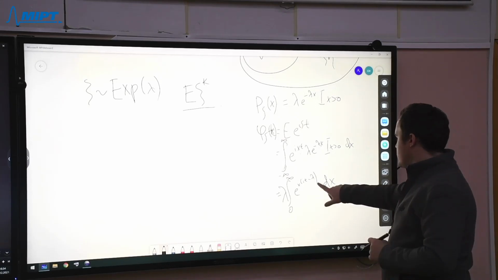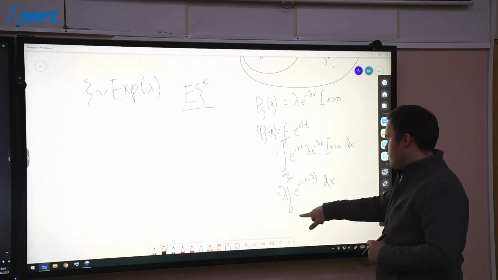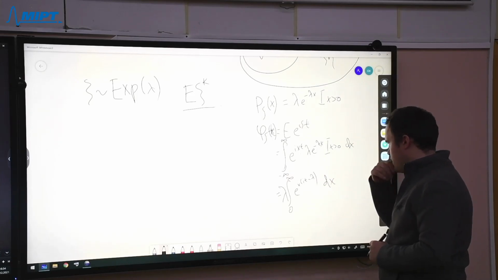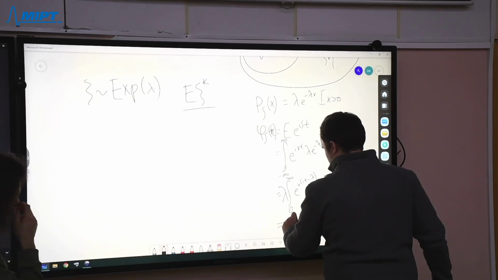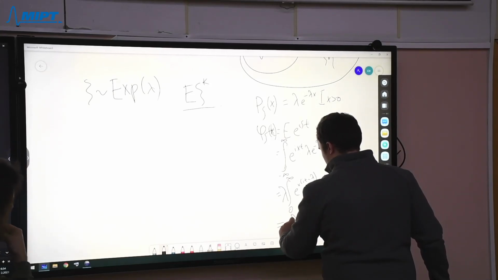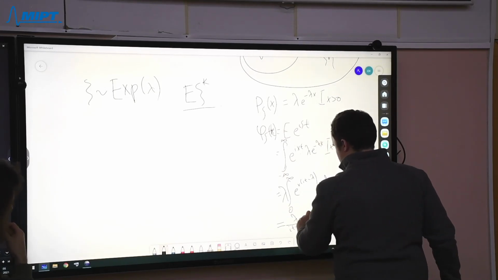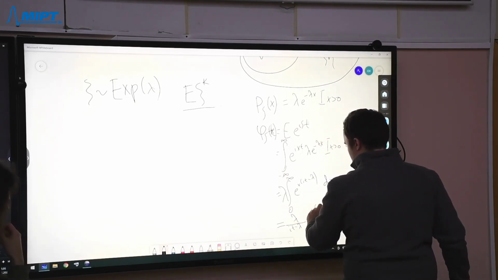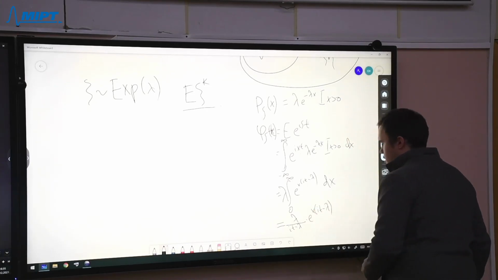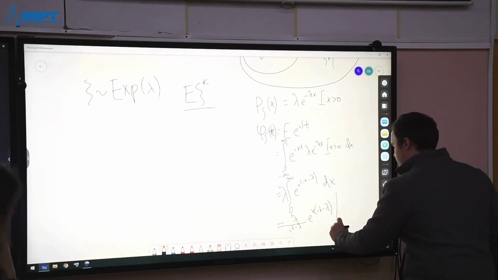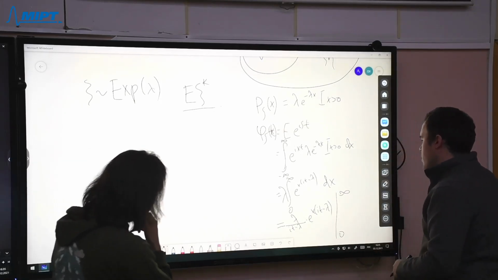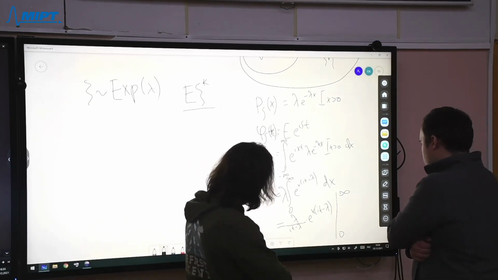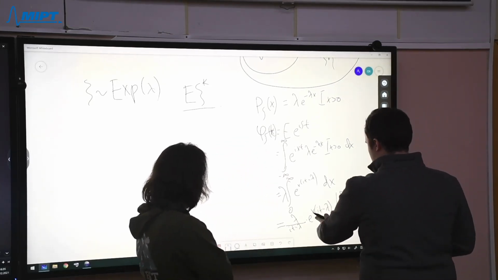Well, this is just a constant, so it comes down, and it's the same integral repeated. So this is lambda over (it minus lambda) times e to the x(it minus lambda), from 0 to plus infinity. If we have 0 for x, e to the 0 is 1.